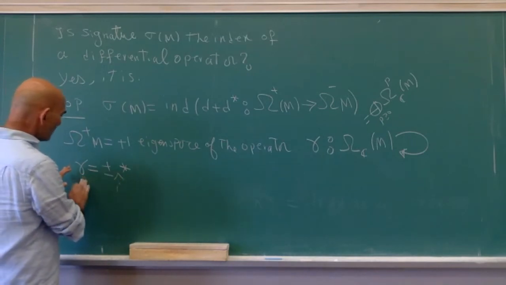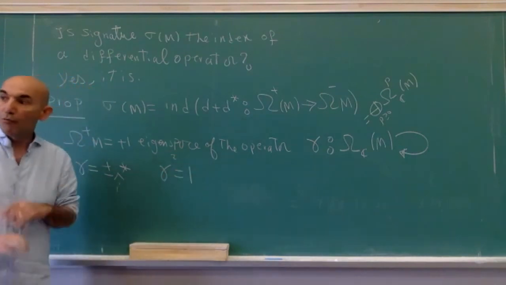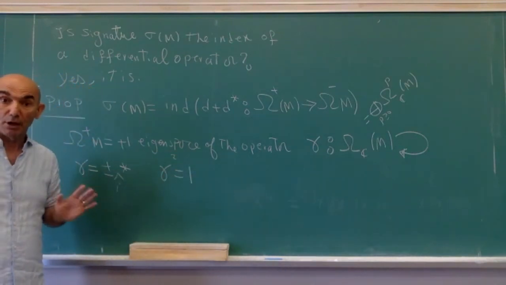The thing is that gamma squared is equal to 1, always, on all degrees.